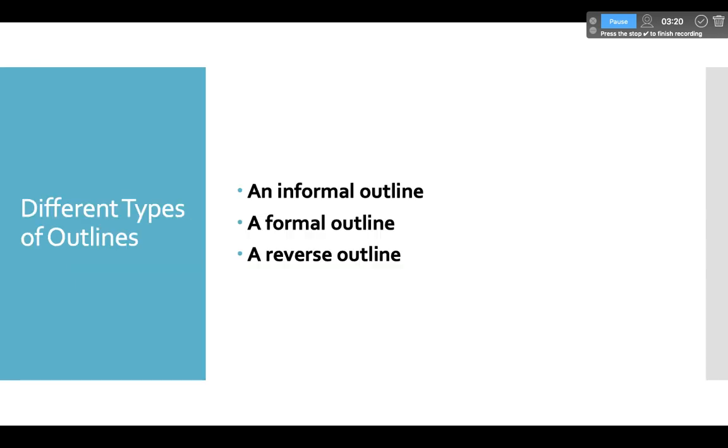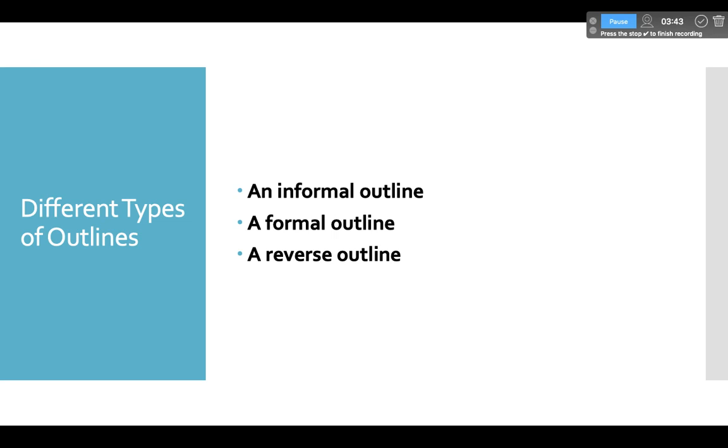So the 3 types of outlines I'm going to talk about today are informal outlines, a formal outline, and a reverse outline. Again, these are just suggestions. You can do an informal outline, but maybe do it in a way that's a little bit different from what I'm showing you today.